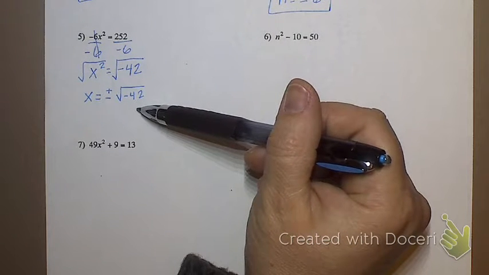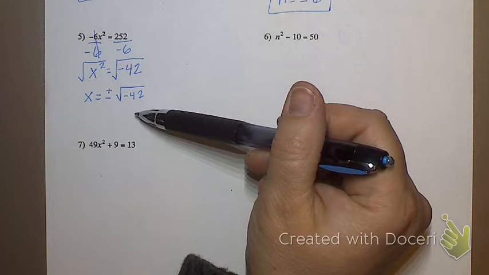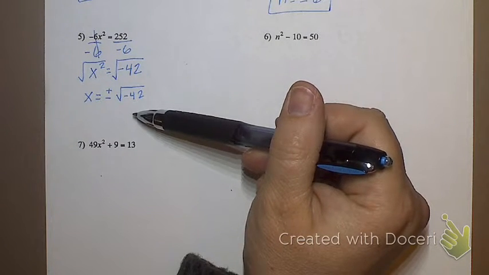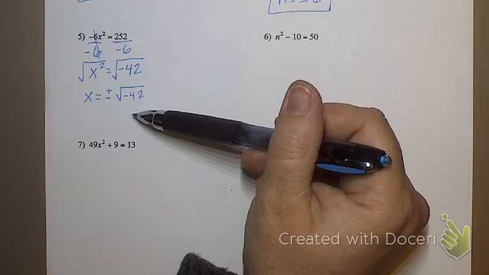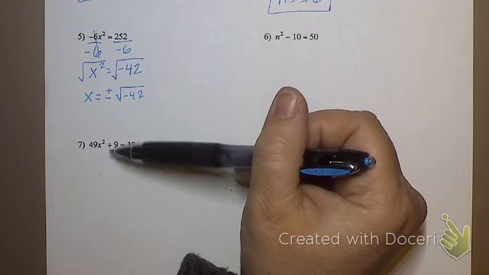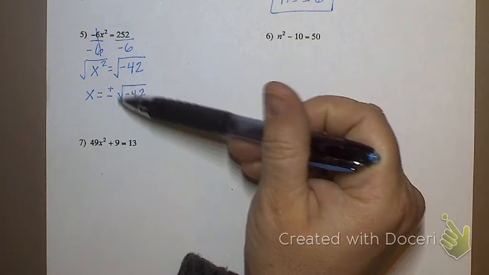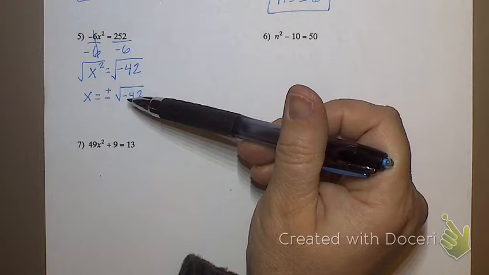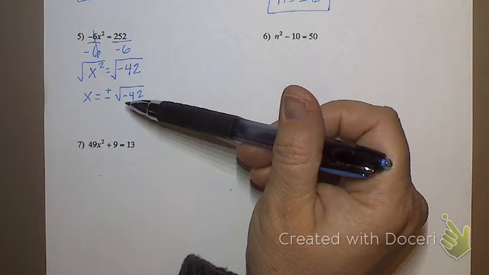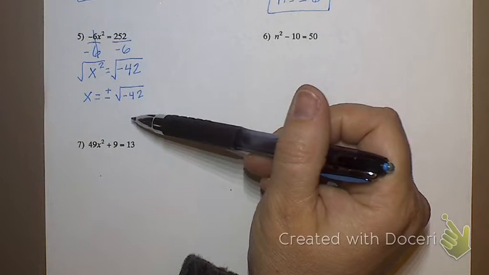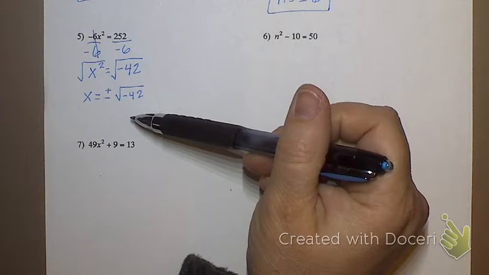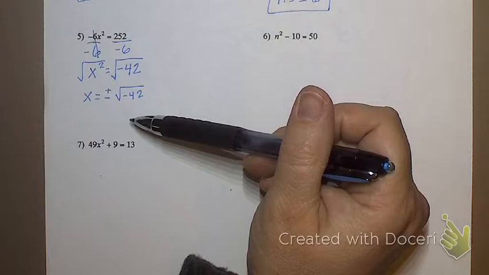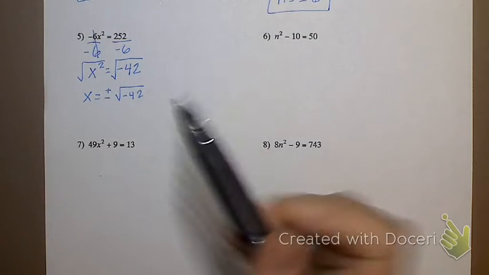So if you're ever taking your SATs or the state testing at the end of your junior year or the ASVAB, any of those tests, if you get a problem with multiple choice answers, before you worry about imaginary numbers, look to see what the answer choices are. If none of the answer choices have an i in it, then your answer is no solution because they're not wanting you to go to the imaginary numbers. Does that make sense? I would prefer you go to the imaginary numbers for now, just because it's good practice.